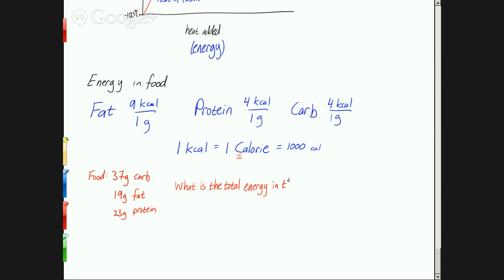What is the total energy in the food? Now, how do we figure that out? What do you think?